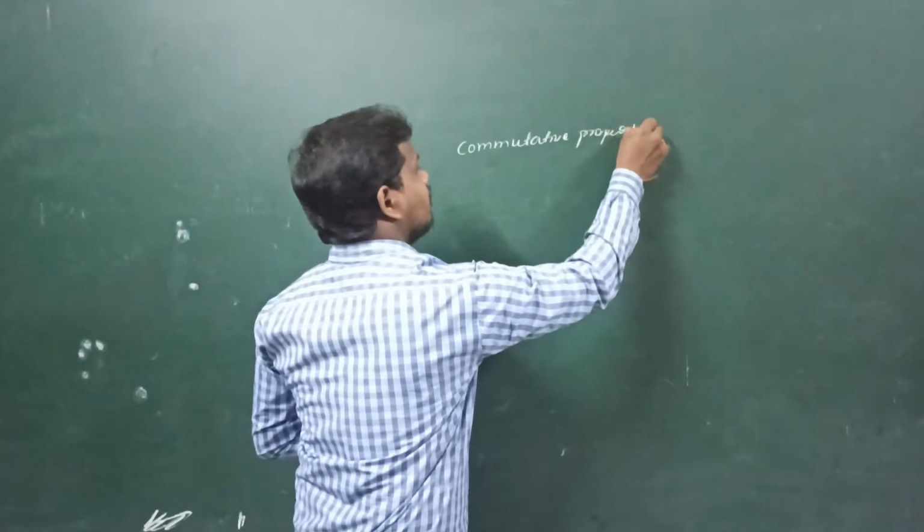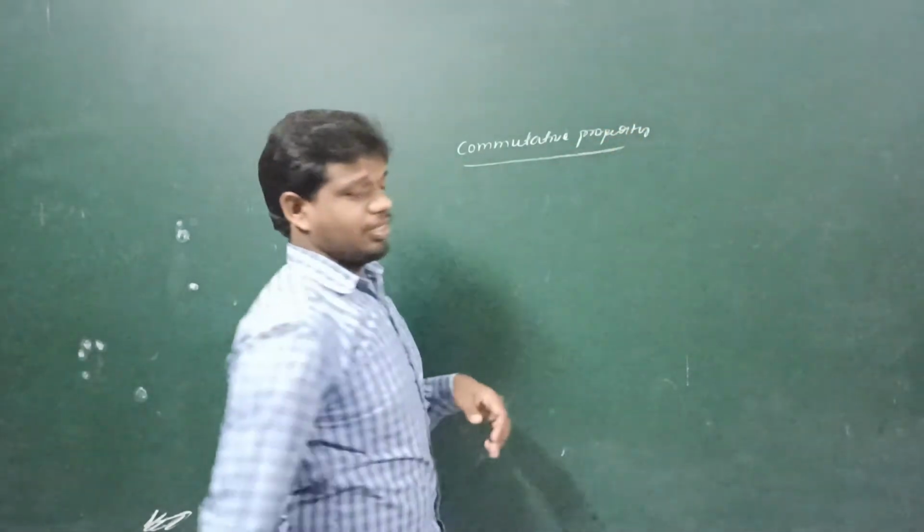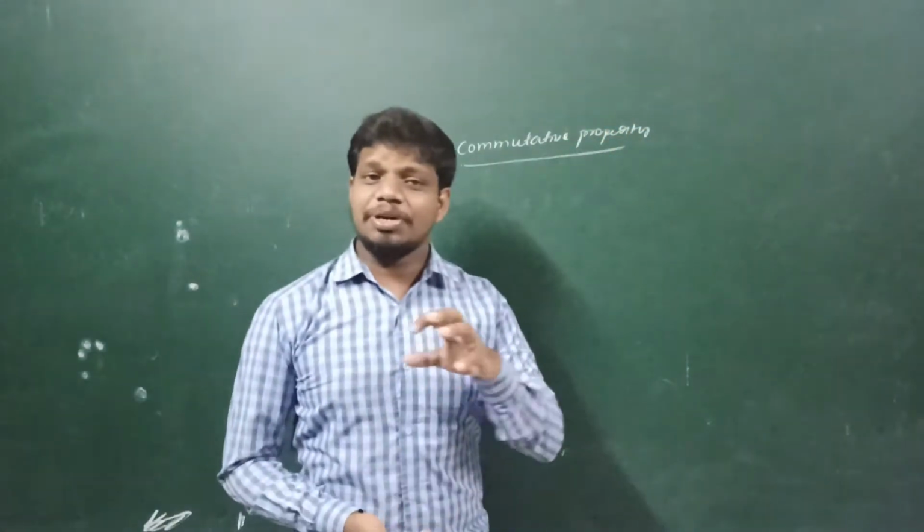Commutative property under addition. So what is meant by commutative property, children?